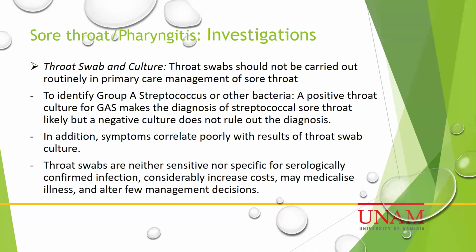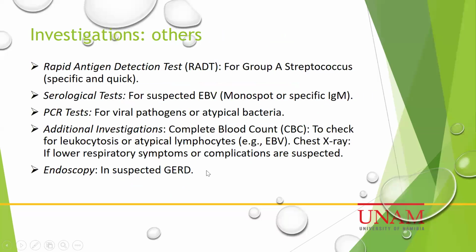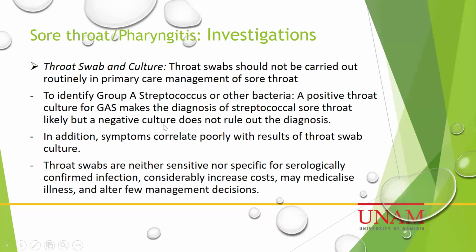All right. In addition, symptoms of sore throat do not correlate very well with results of your throat swab culture. So a patient may have severe symptoms and the throat swab may be negative. All right, and note also that it's not very sensitive or specific, especially if you think about the increased cost that this patient may have.